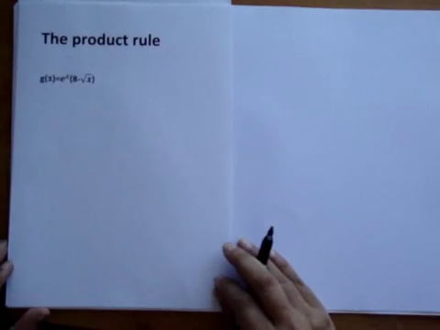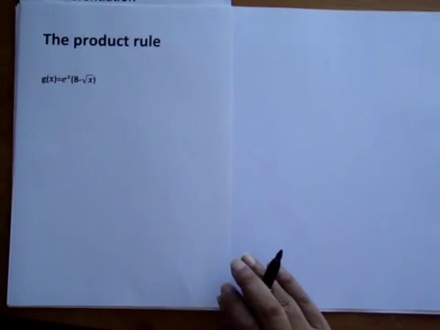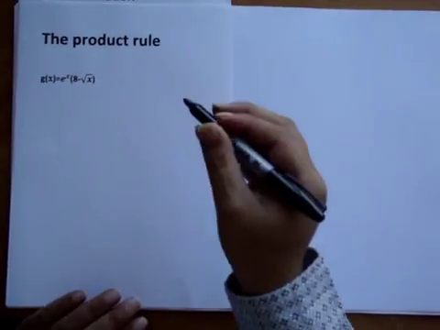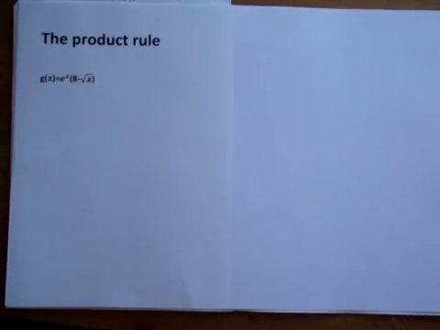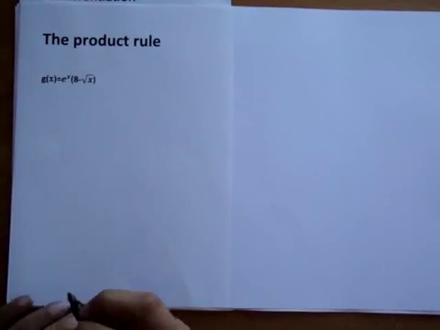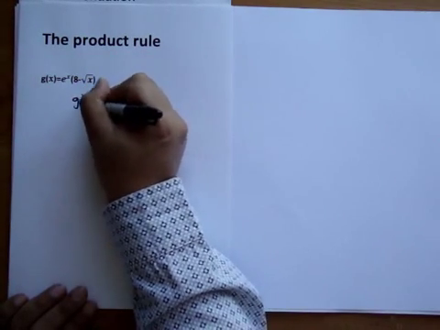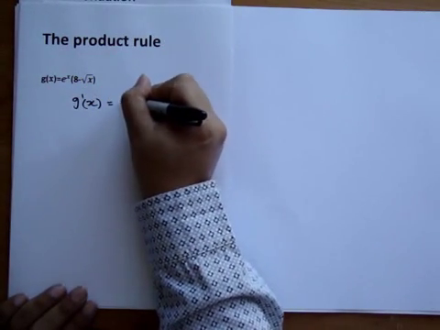Okay, this one confuses a lot of people because it's got e to the x in it, but just remember, when we differentiate e to the x, we just get back e to the x. So let's get g prime of x. First term, leave that alone.